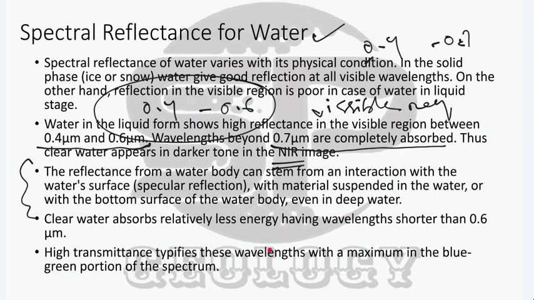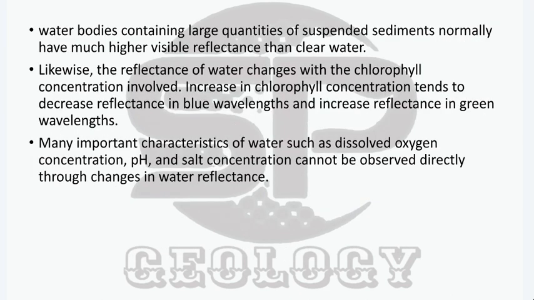High transmittance typifies these wavelengths, with a maximum in the blue-green portion of the spectrum. Already we have said that it is 0.4 to 0.6. Water bodies containing a large quantity of suspended sediment normally have much higher visible reflectance. Likewise, the reflectance of water changes with chlorophyll content, that is, how much vegetation is there.